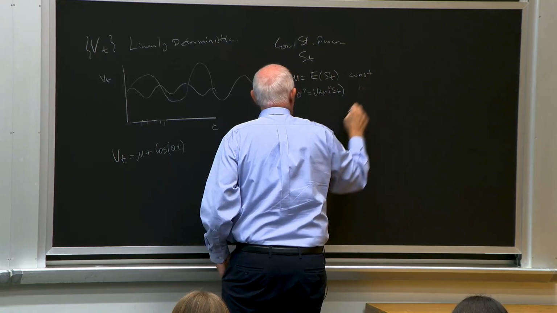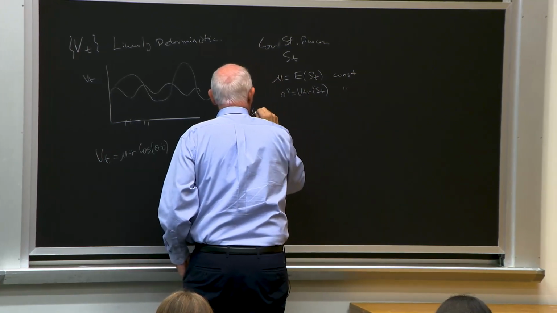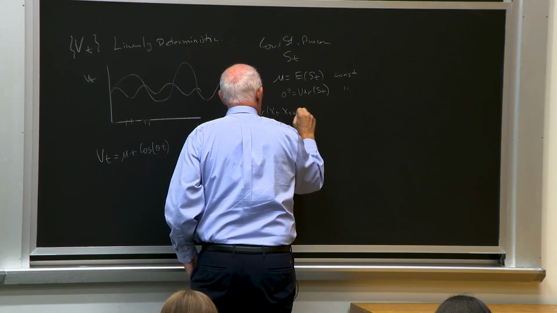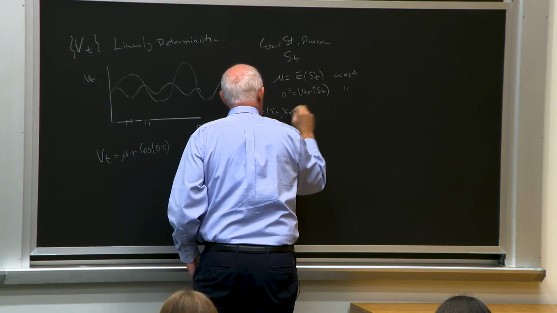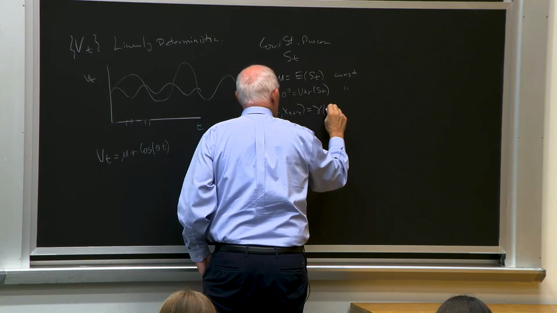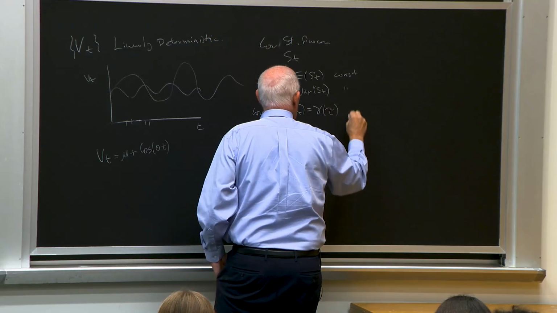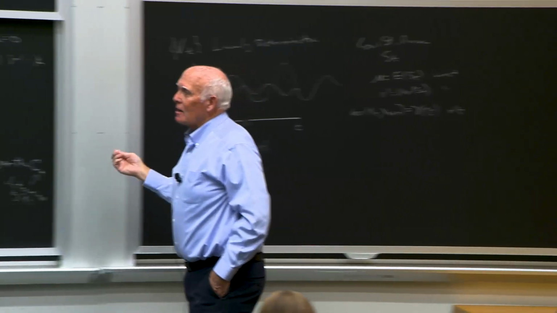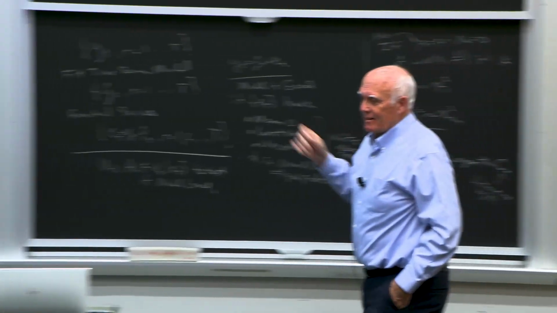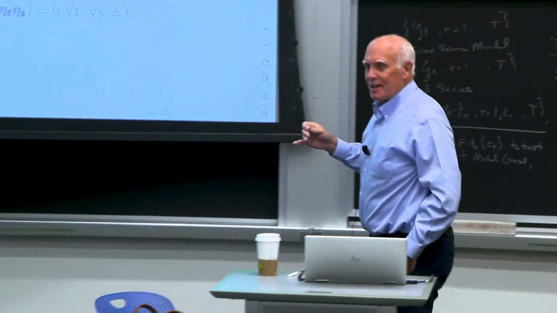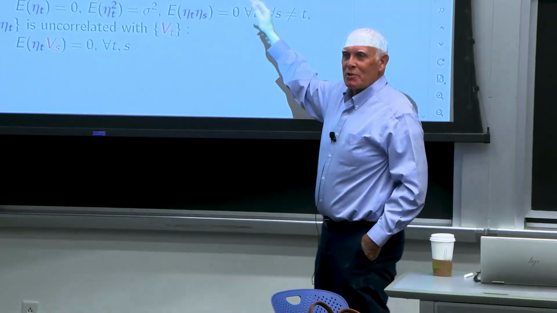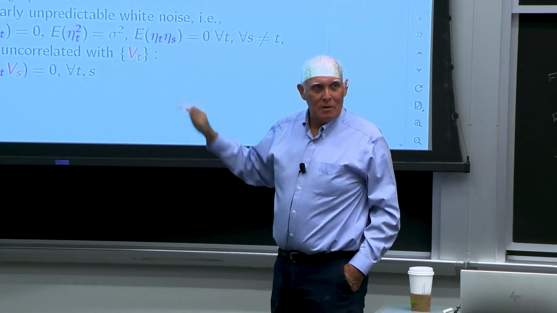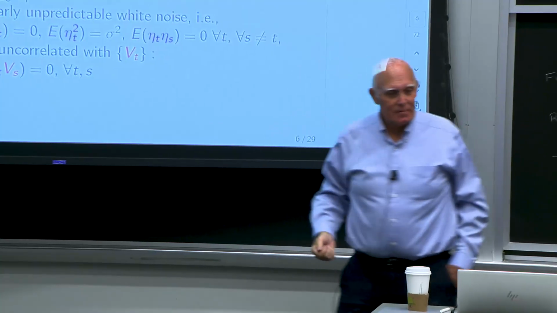This is constant over time. And the covariance of x_t and x_{t+tau} is equal to gamma of tau for all t. So any covariance stationary process can be represented as this moving average of white noise process.